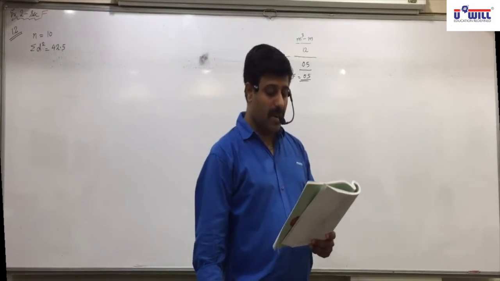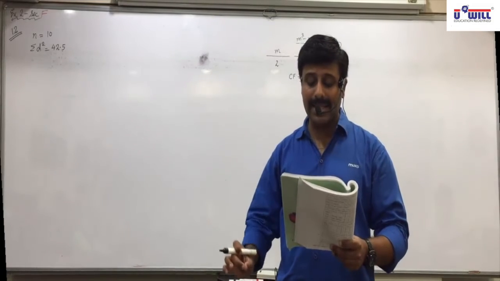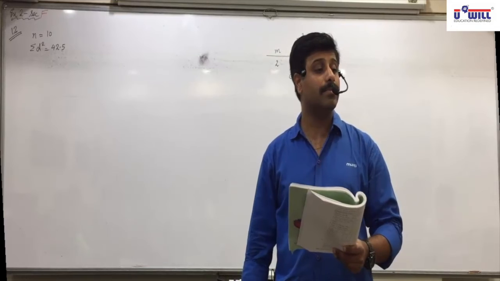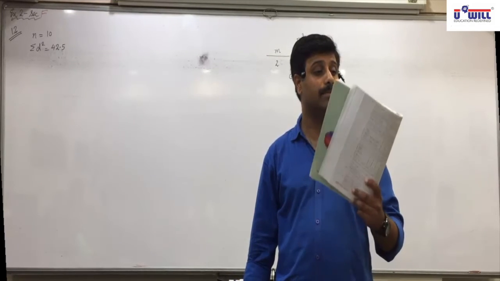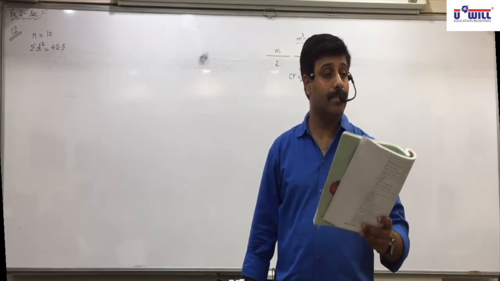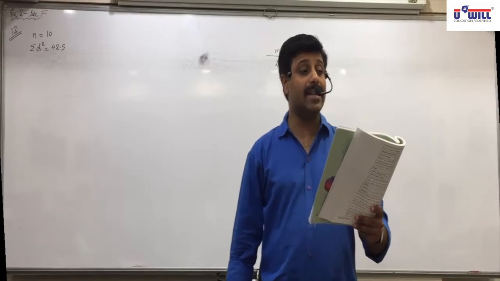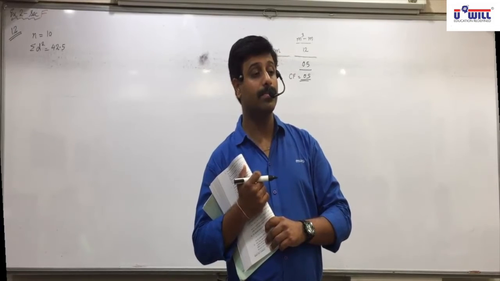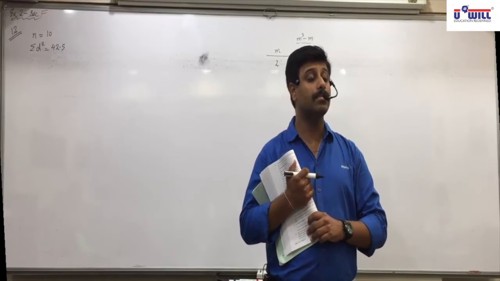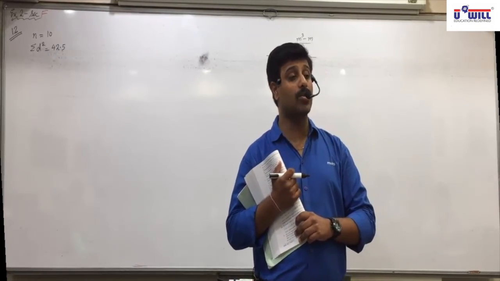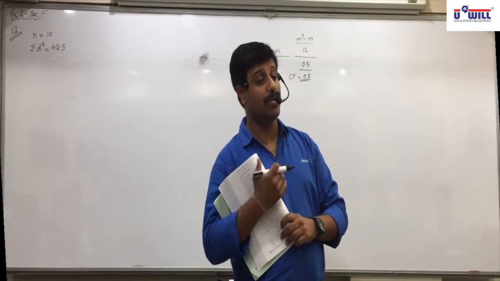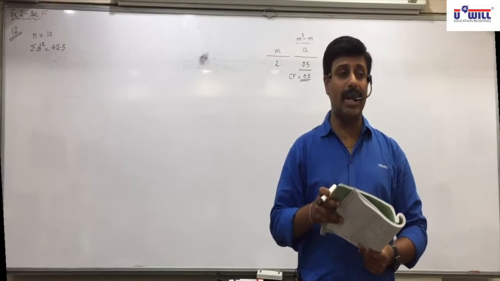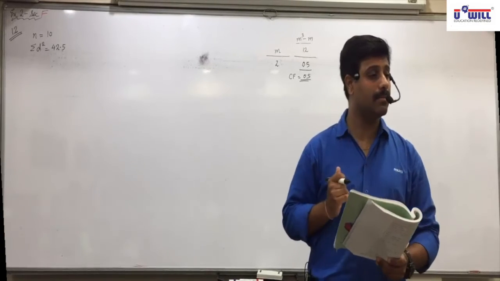Now it was also observed that health index 70 was repeated 3 times. Health index 70 was repeated 3 times. It's repeated 3 times, so M is equal to 3.